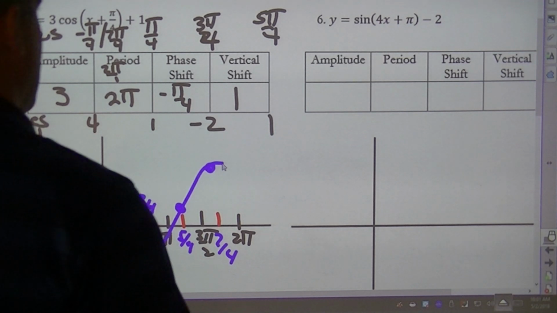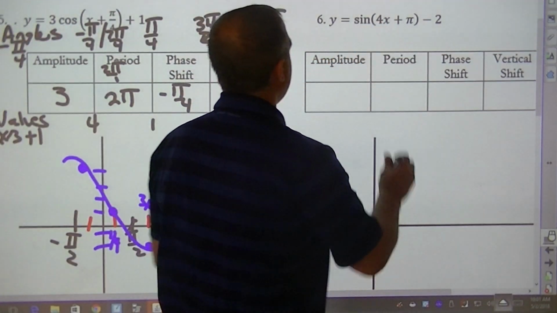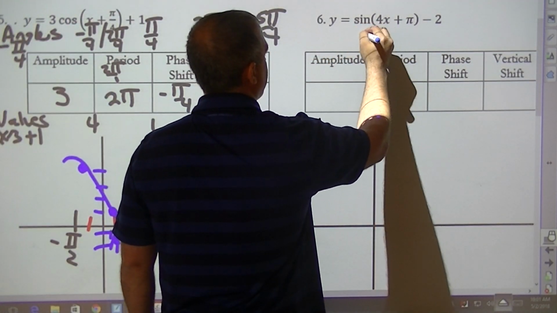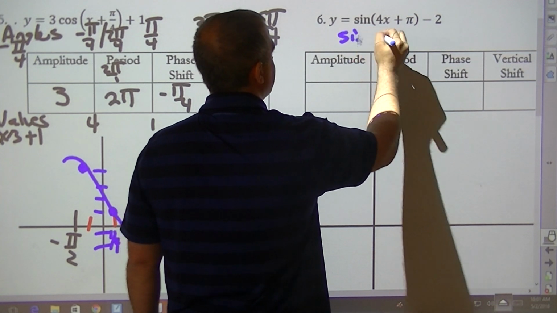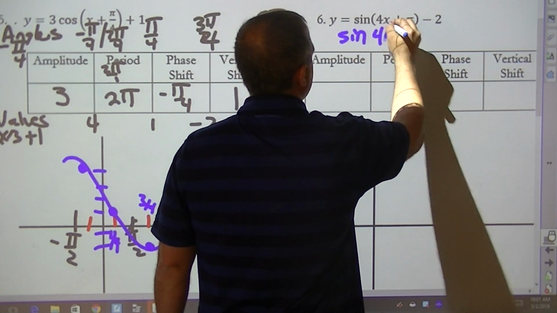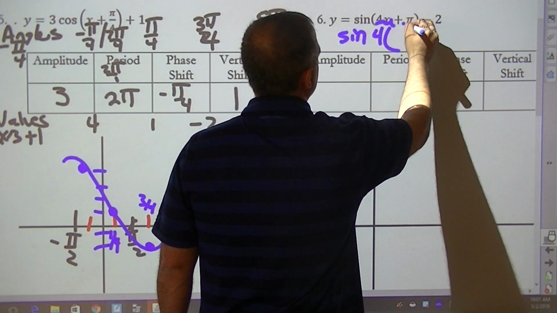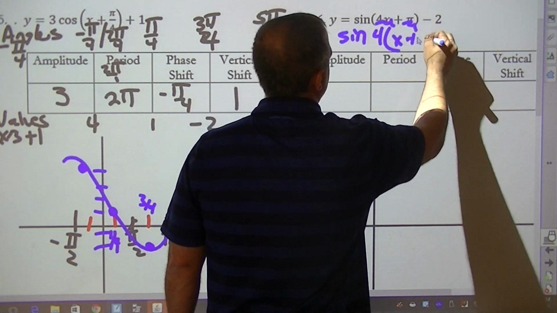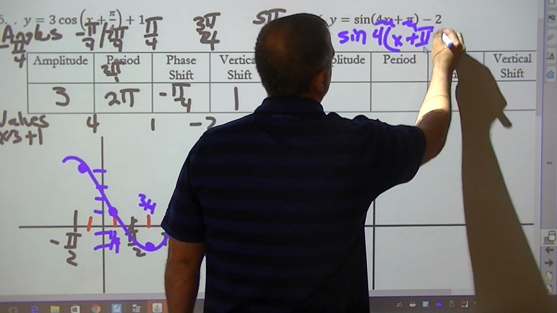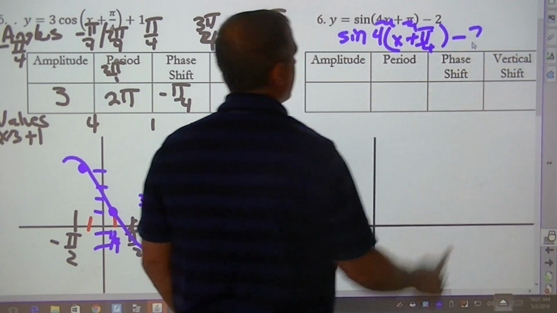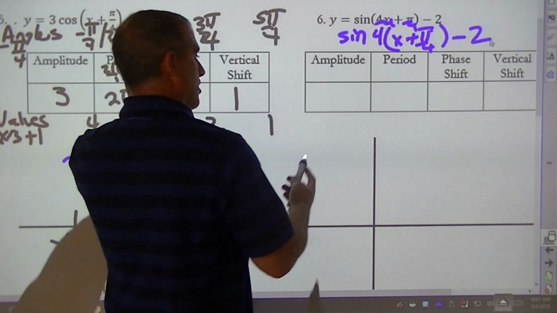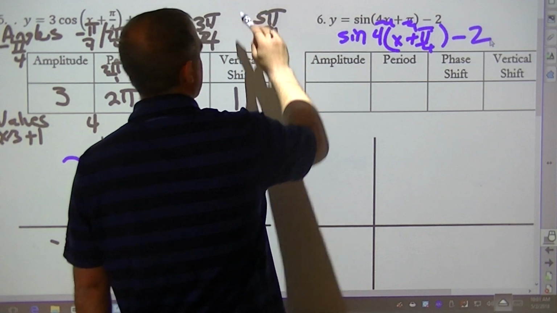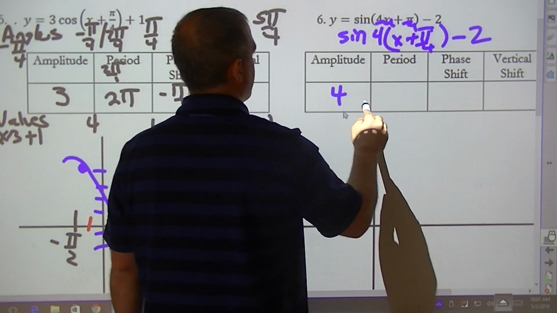Now what you have to do first here in sine is you actually have to take out the 4 here. So this will be sine of 4, and you divide both of these things by 4. So that'd be x plus pi over 4 minus 2. Your amplitude will be 4.